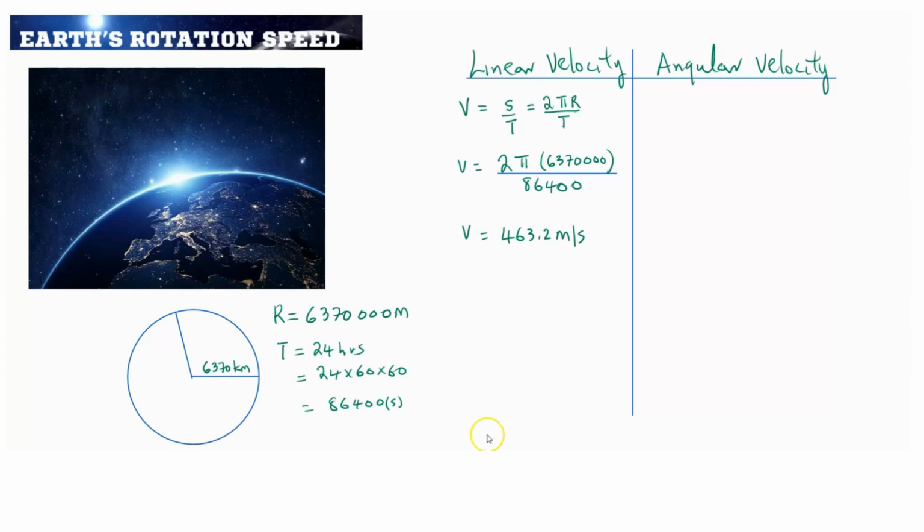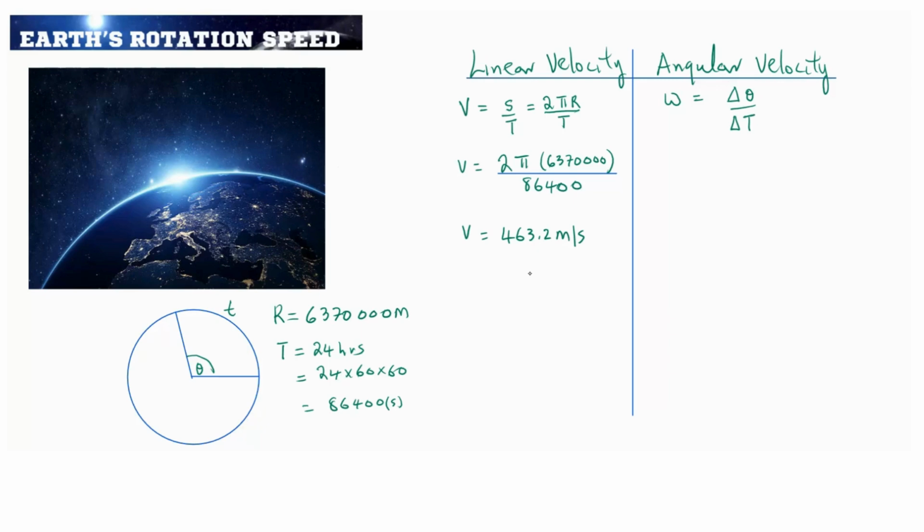Now, let us look at the angular velocity approach. So what we're looking for here is the rate of change of the angle with time. So then the velocity omega here would be the rate of change of the angle divided by the time.